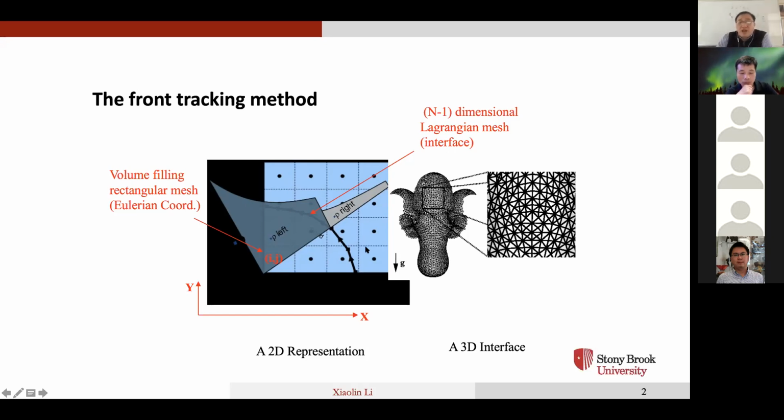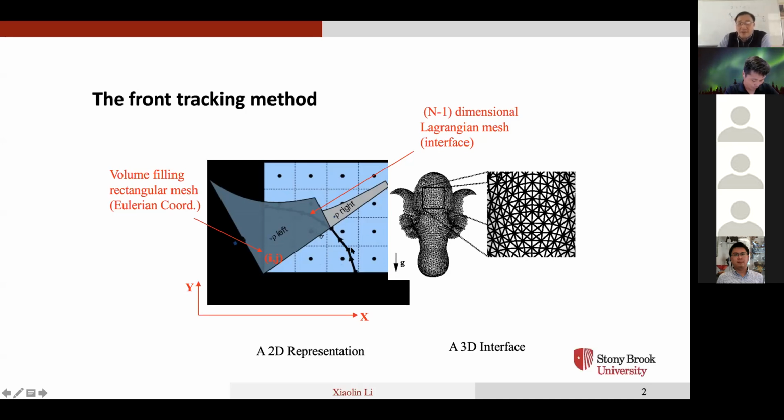The most challenging problem in front tracking, I started working on this method in 1989 when I was a postdoc at the Courant Institute. The greatest challenge of the front tracking method is not the PDE solver, it's just a piece of cake. And it is not the joined solution.